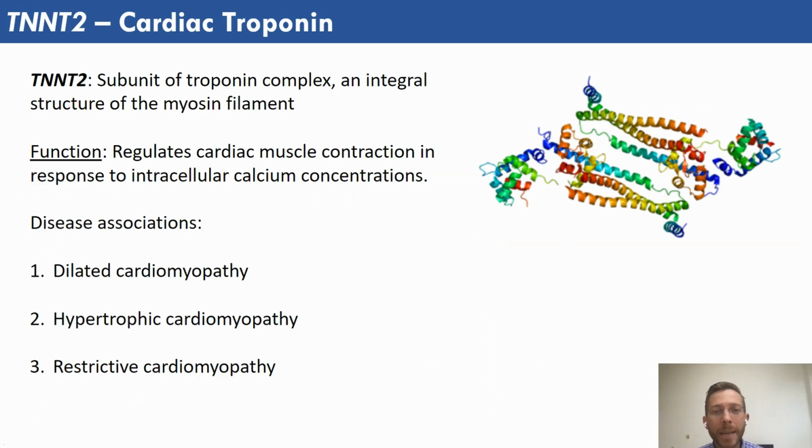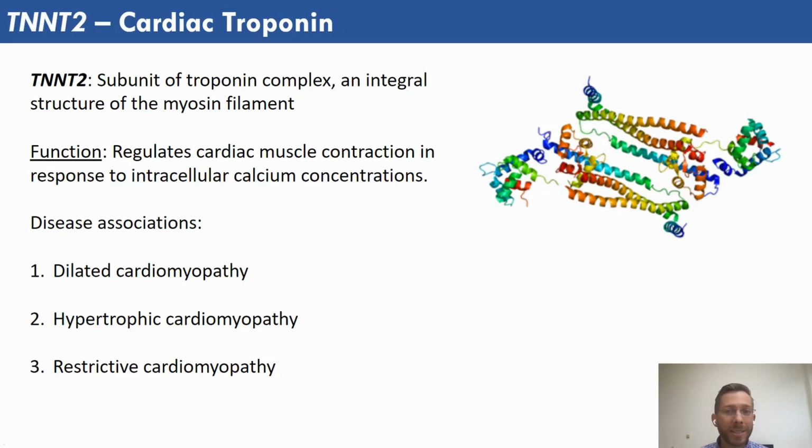Now, more about TNNT2. TNNT2 is a gene known as cardiac troponin, and it's a subunit of the troponin complex, which is an integral structure of the myosin filament, which is a part of the cardiac sarcomere. And the cardiac sarcomere is the most basic contractile unit of the heart.